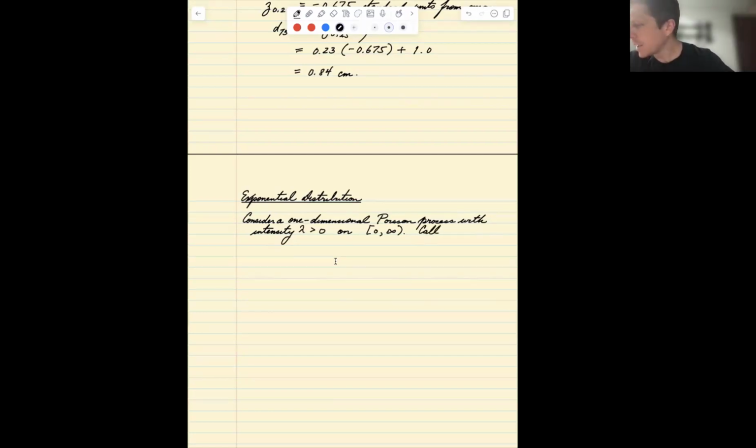Remember, in the original introduction of the Poisson process, we had a two-dimensional area, and we imagined throwing points down, and we called the scatter of points hits, and we were counting how many hits occurred in any given region.